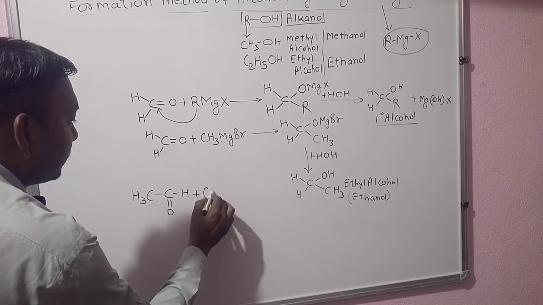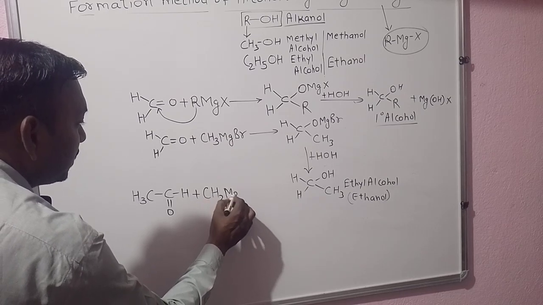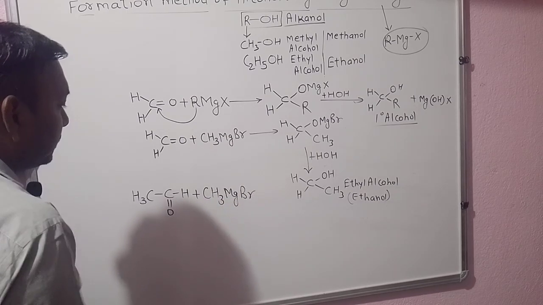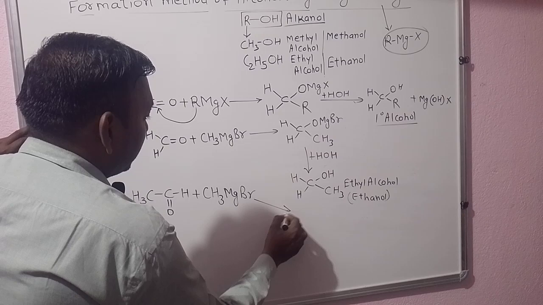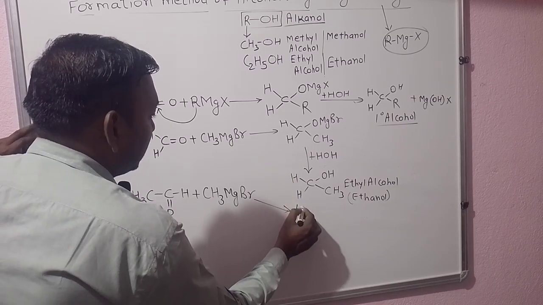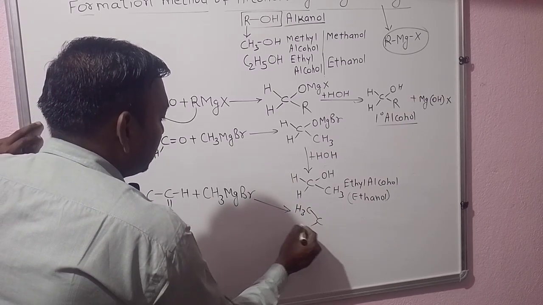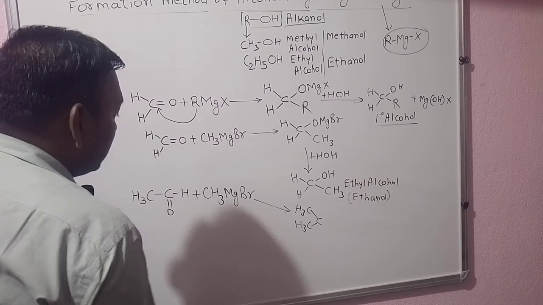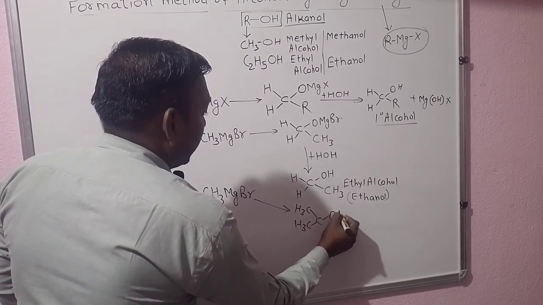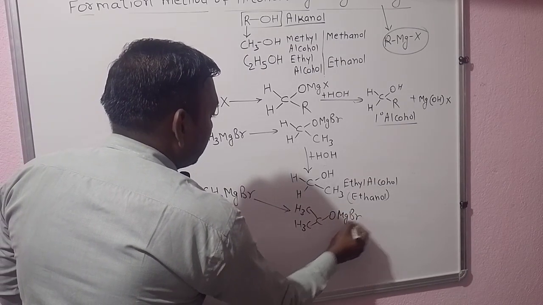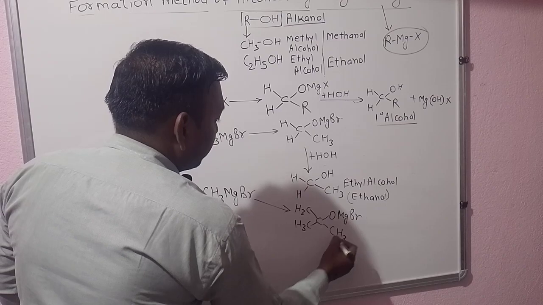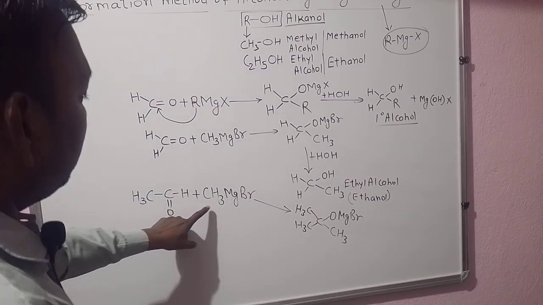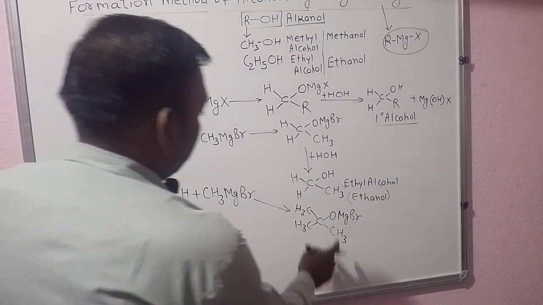If it reacts with methyl magnesium bromide, clear? Then it will convert into, you see here, CH3, CH3, OMgBr, and here comes H.